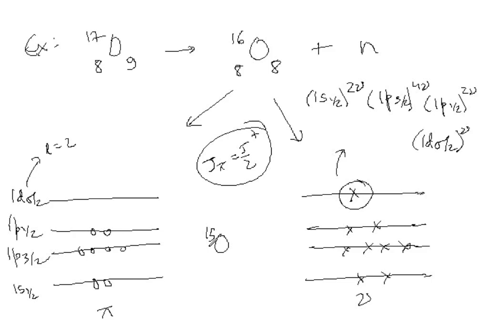And you can also check that for 15 oxygen, you can correctly explain that the ground state spin is just half minus here. However, you see, there are situations where the model needs a certain adaptation.